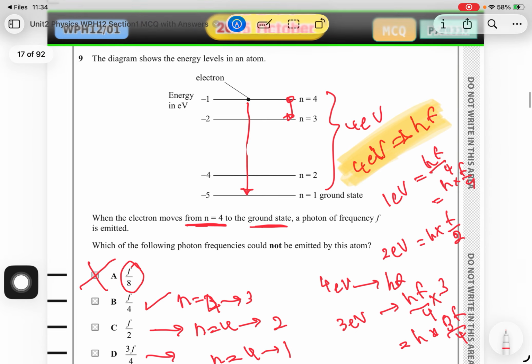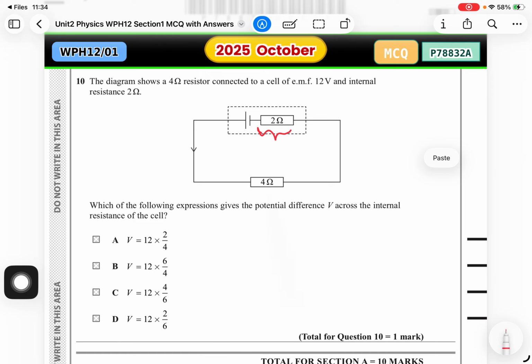Okay, the last question of the paper is this one. They're asking for the potential difference across the internal resistance. So they're asking what is the voltage across it. We know in the full circuit, the total resistance is going to be 4 ohm plus 2 ohm, which is 6 ohm, and the EMF of the cell is given.